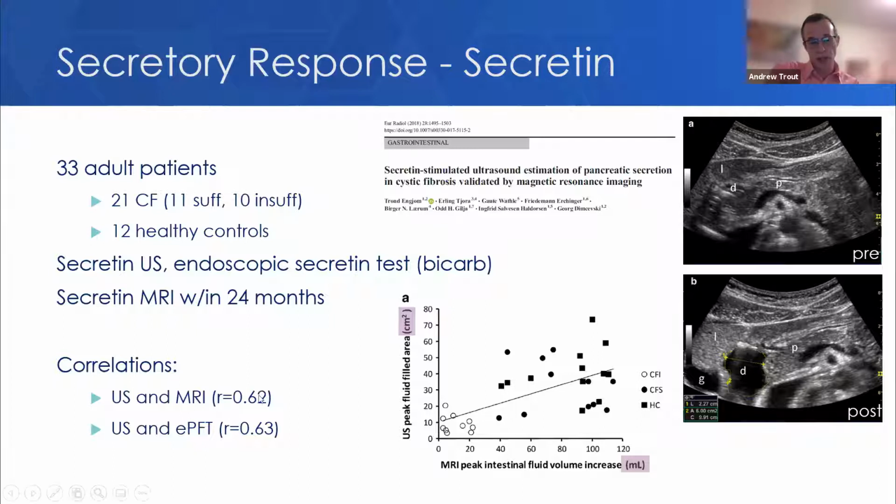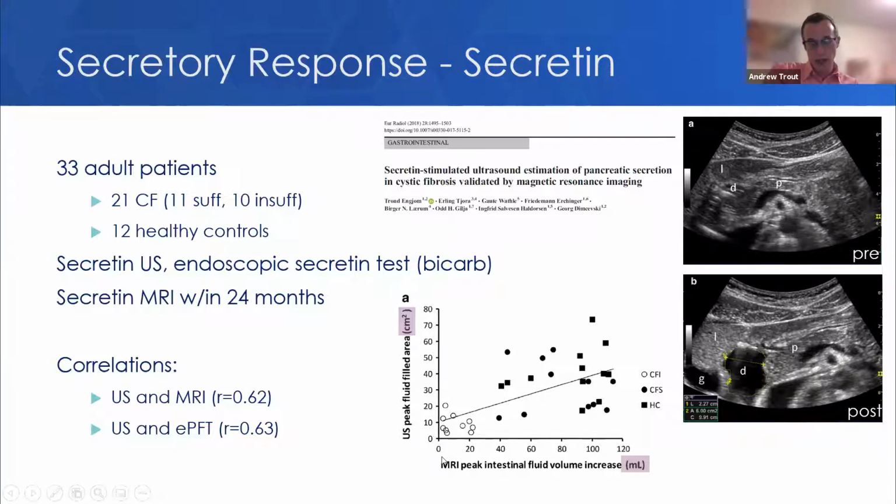And what they showed was that there was similar moderate correlation between fluid volume as assessed by cross-sectional area by ultrasound and fluid volume by MRI, as there was between the fluid assessment by ultrasound and endoscopic pancreatic function testing.